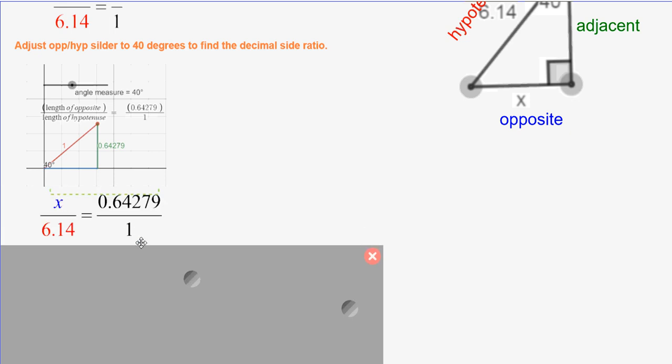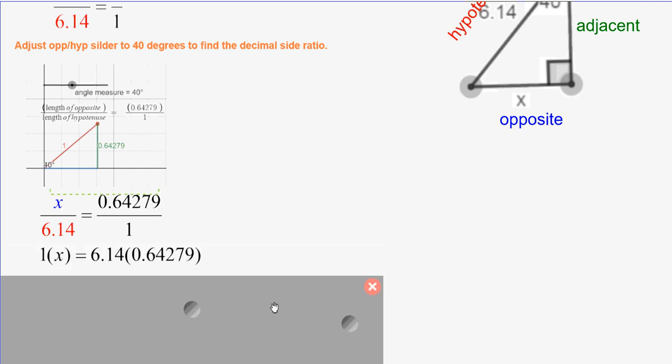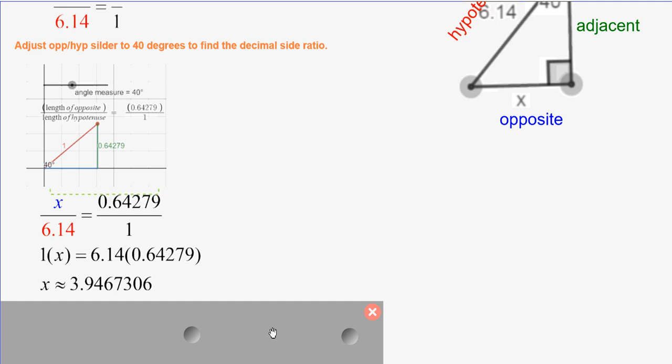X times 1, 6.14 times 0.64279, and that will give our value for X. So again, with rounding, we look at the third decimal place. It's going to tell us if we're going to round the second one up or keep it as is. Since it's above 5, I have to round this up. So we're going to see our side length is 3.95 units in length.